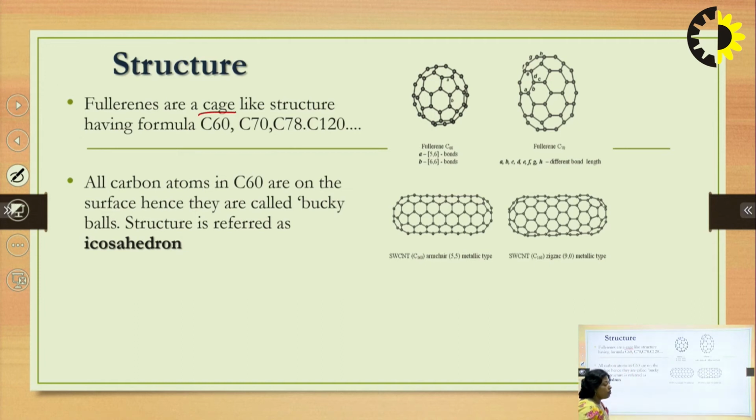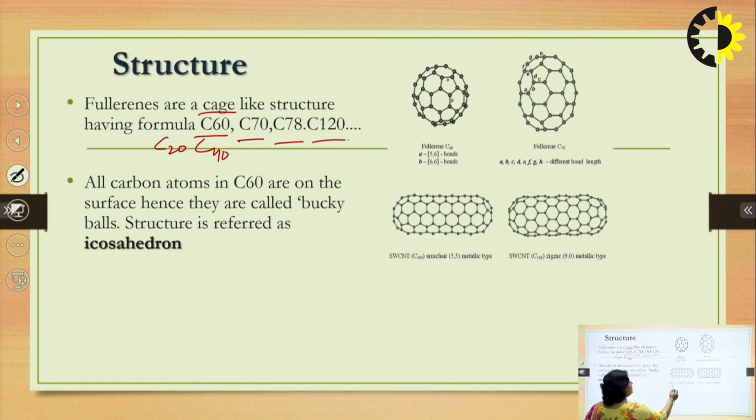Though C60 was discovered first and is the most studied kind of fullerene, fullerene itself is not a compound, it is a class of compounds. In fact, it starts from C20, C40, C60, C70, C78, C120 and so on.